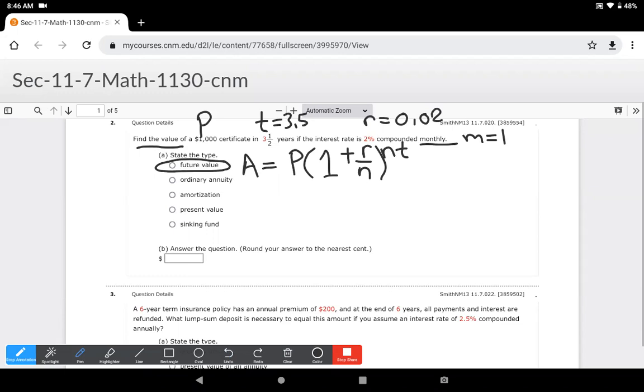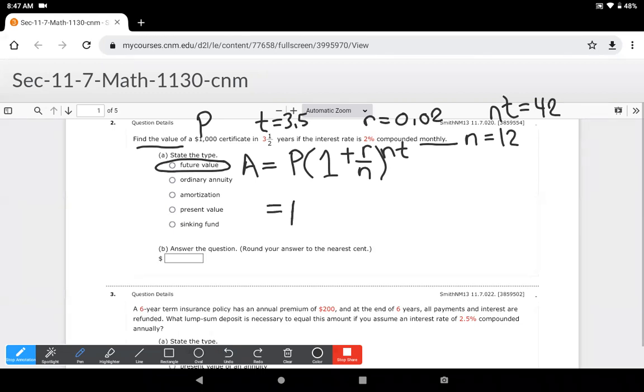Is there no eraser function on this one? Let's see. Okay, so we have N equals 12. For our exponent, we'll also need N times T, right? N times T is 42. And then we just plug and chug, right?